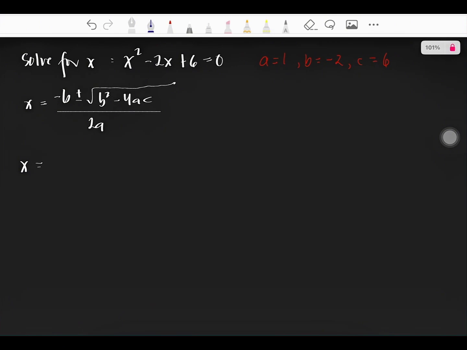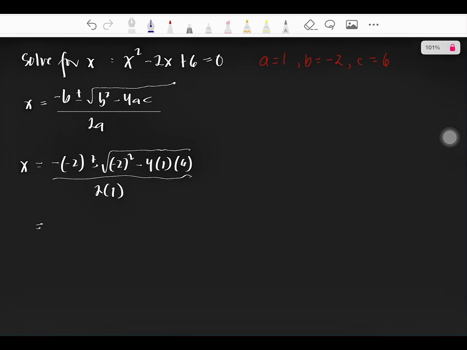So now let's try plugging in our values a, b, and c. We have negative quantity of negative 2 plus or minus the square root of quantity of negative 2 squared minus 4 times 1 times 6, all over 2 times 1.